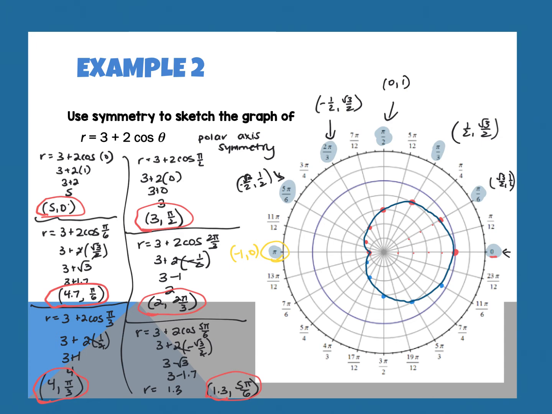Questions on that one? So if this was a sine graph, we would take anything that's to the left of our pi over 2 line and we would duplicate it over the pi over 2. Because it was cosine, we duplicated it over the polar axis or the x-axis.